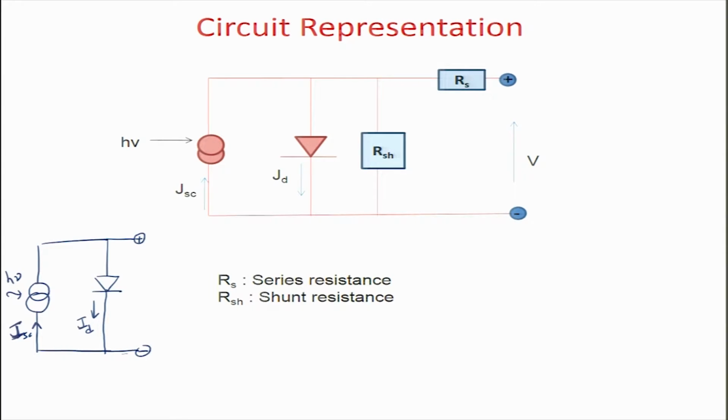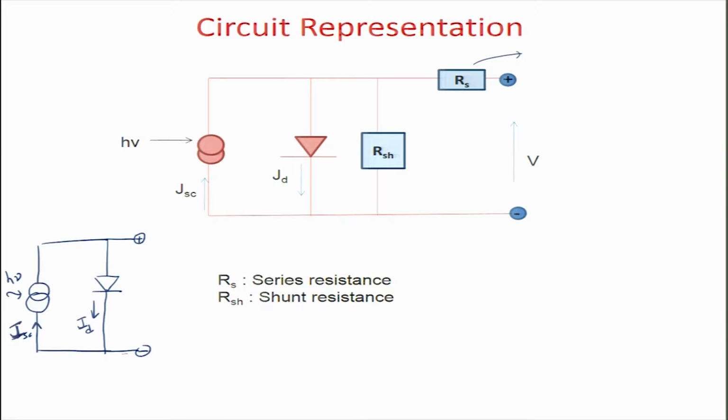Whereas, in reality our solar cell has parasitic resistances, and these are called series and shunt resistance. Series resistance is the one which is basically due to resistance in the device. The semiconductor can have high resistivity, which will create resistance to the path of electrons.